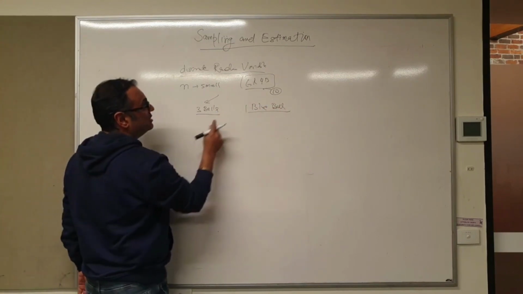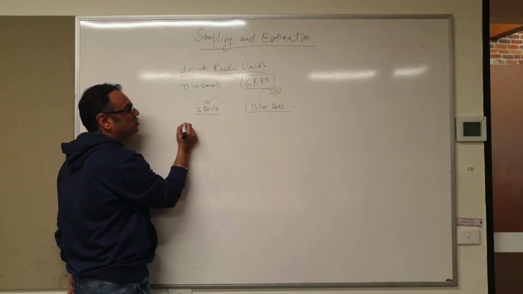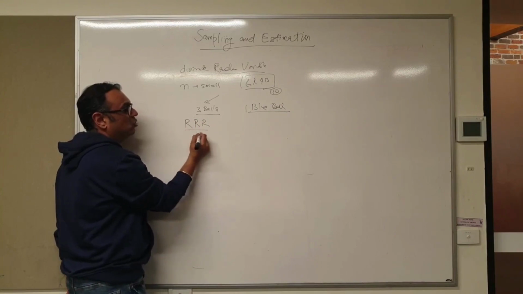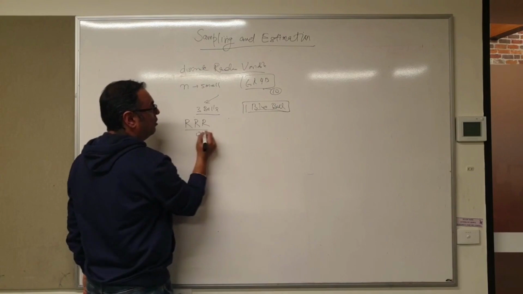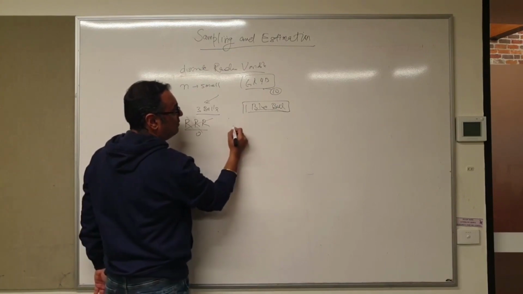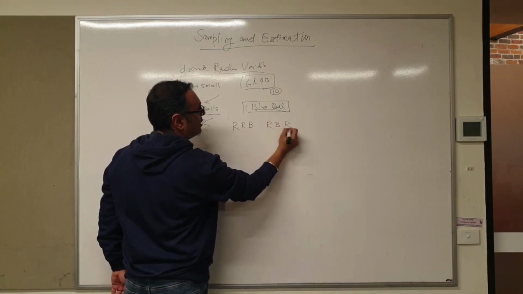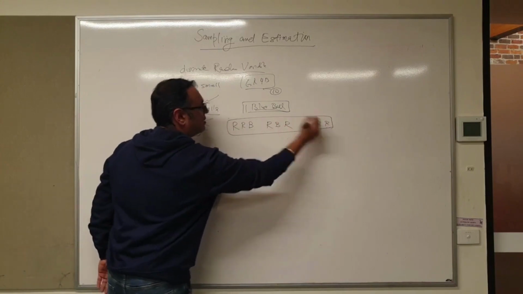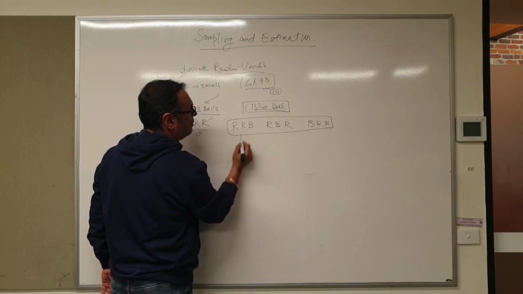I used to say, all right, I need 1 blue ball out of the 3. So what are my possible choices? Red, red, red means no blue ball. And then 1 blue ball, so that means I'm not taking the red: red, red, blue, red, blue, red, blue, red, red. Then I can find the probability.